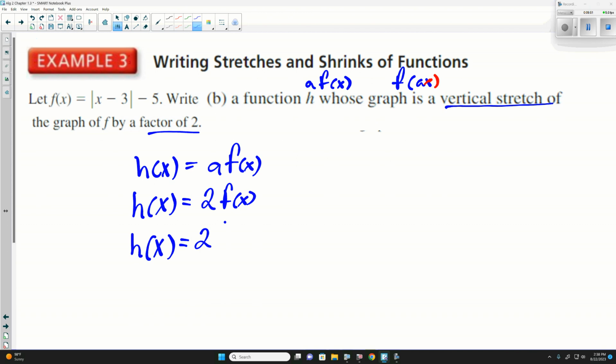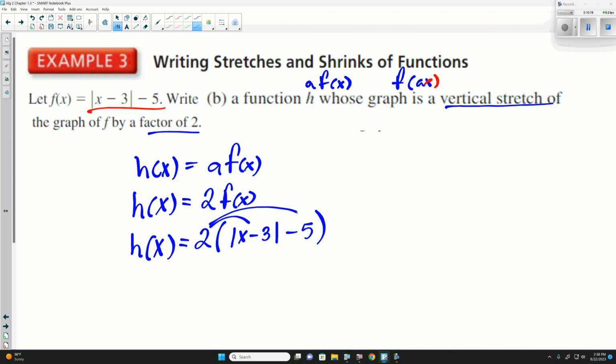So we plugged in 2 for a. So we have 2 times f of x. Now we just need to replace f of x with its function, kind of like what we did with our reflection across the x, where we just replaced f of x with our function here. So we'd have the absolute value of x minus 3 minus 5. And just like with the reflection across the x-axis, we're going to multiply through by our 2.